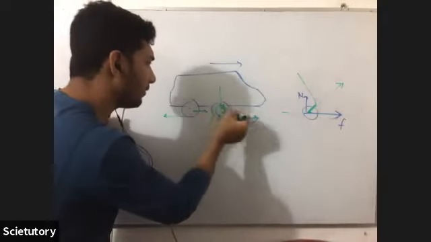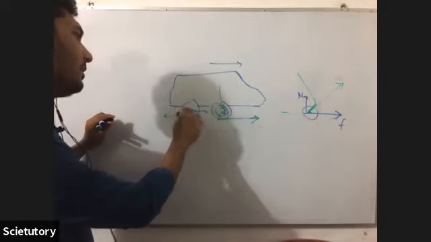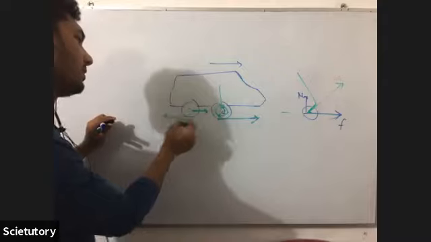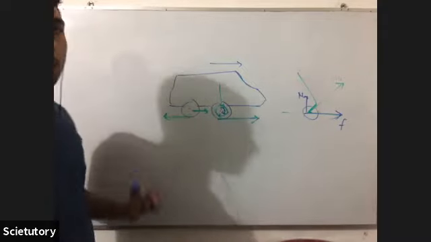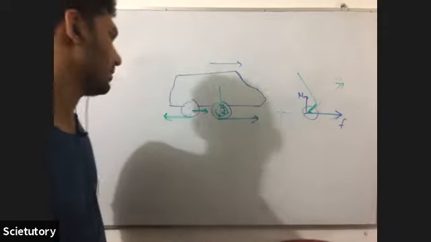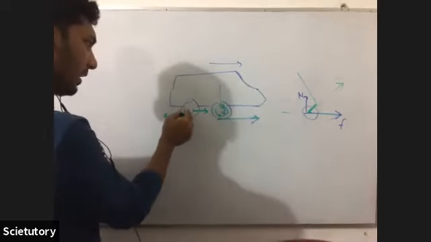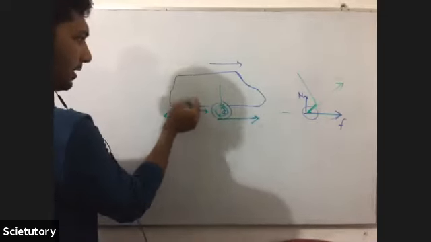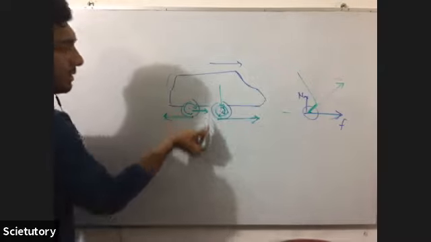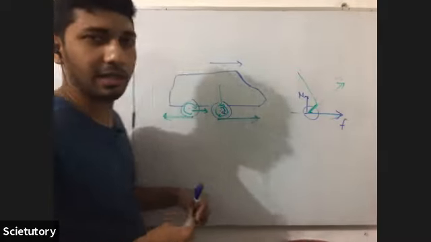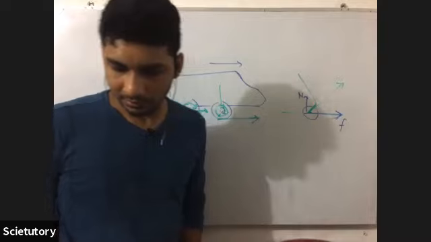They have a pulling force due to the front wheels. To oppose that, there is a frictional force like this. Again, this frictional force rotates the car wheels. So both forces are actually helping the car to accelerate.